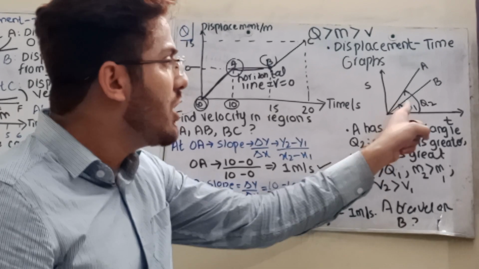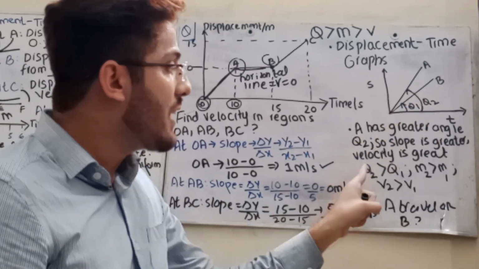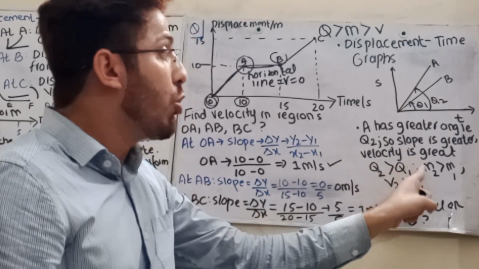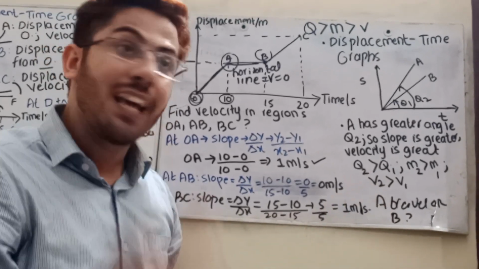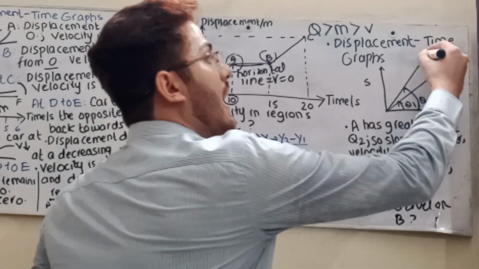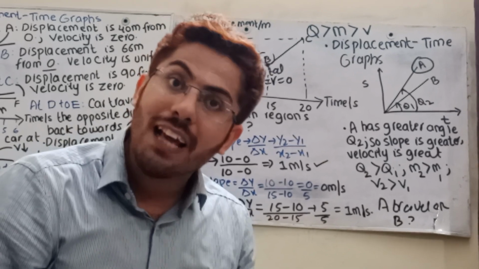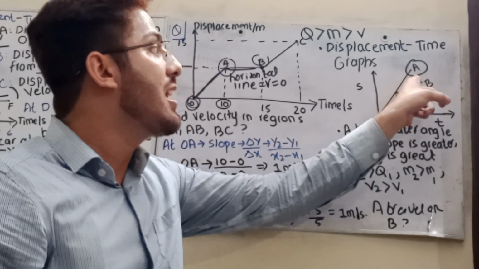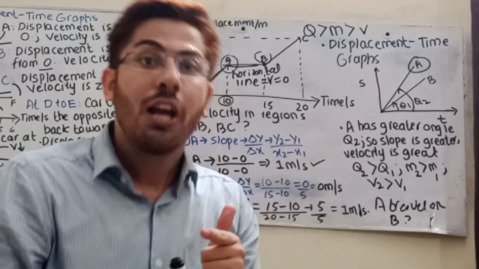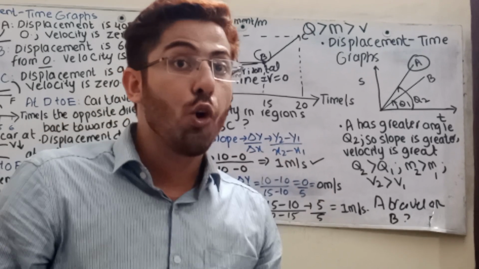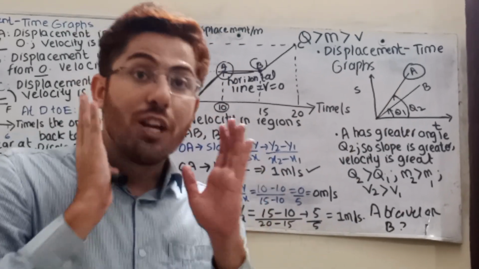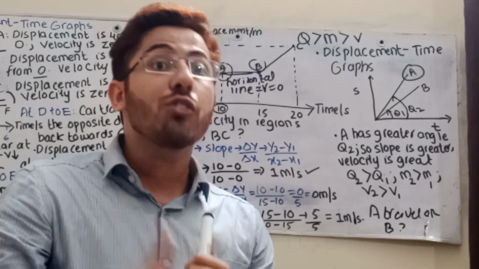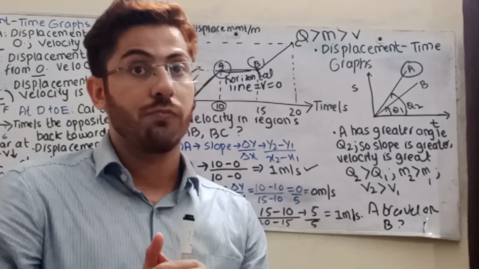So theta 2 is greater than theta 1, definitely slope will be greater and speed will be greater. So in the exam you are going to say, yes sir, car A moves faster than car B, because car A has a greater angle, a greater slope and a greater speed. This is the concept which will help you in solving your past paper questions.